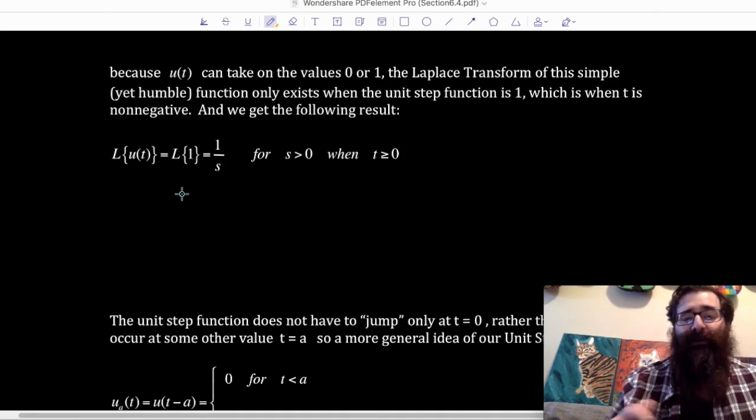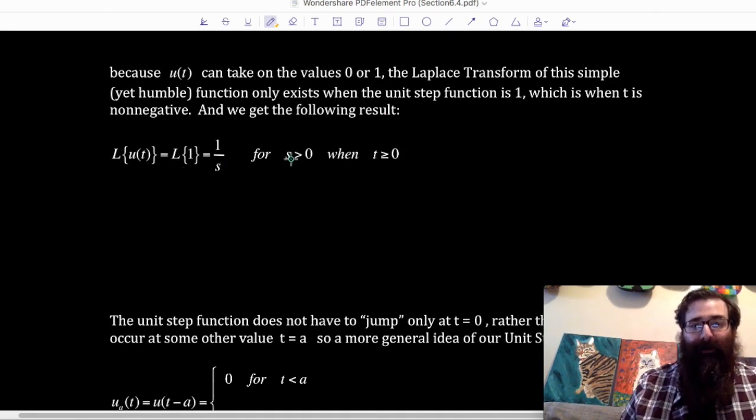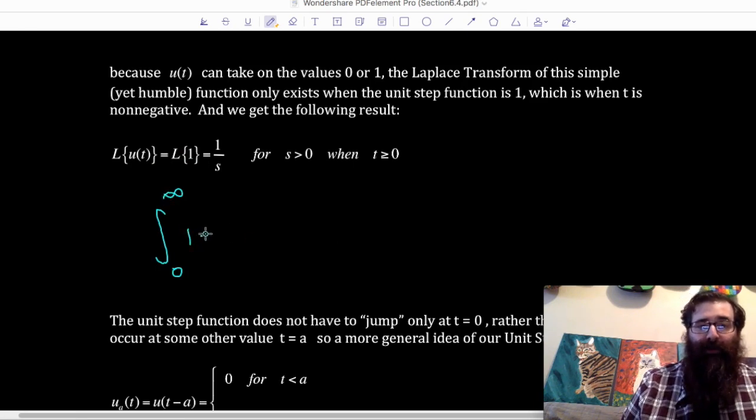We actually looked at this before, early on in the chapter, but the idea is that for the Laplace transform of the unit step function, whenever it takes on the value 0, it just gives us the definite integral of 0, which is 0. But when it takes on that value 1, from t equals 0 to infinity, we get 1 times e to the minus st, integrating with respect to t.